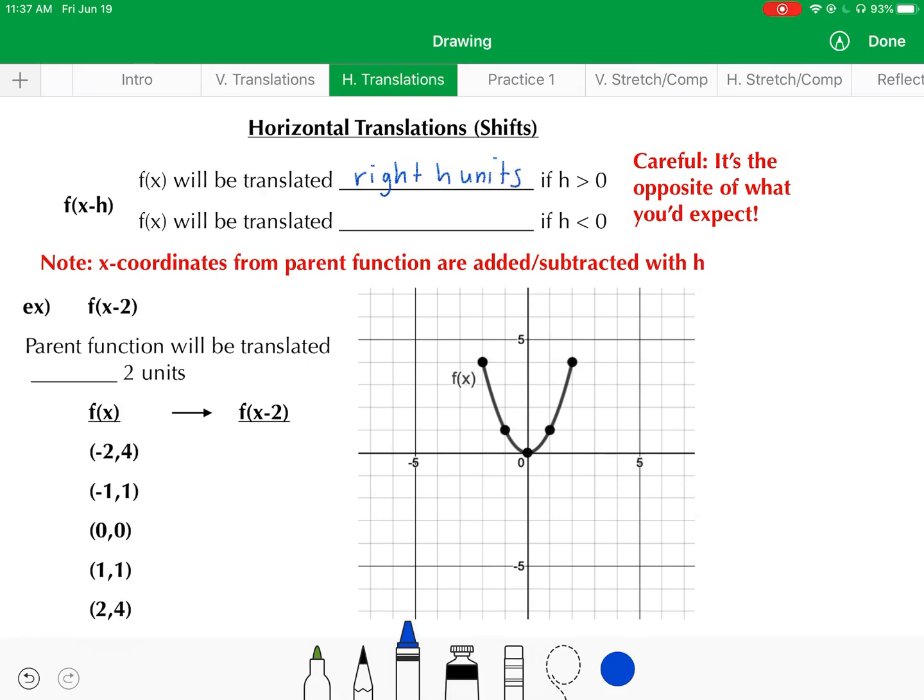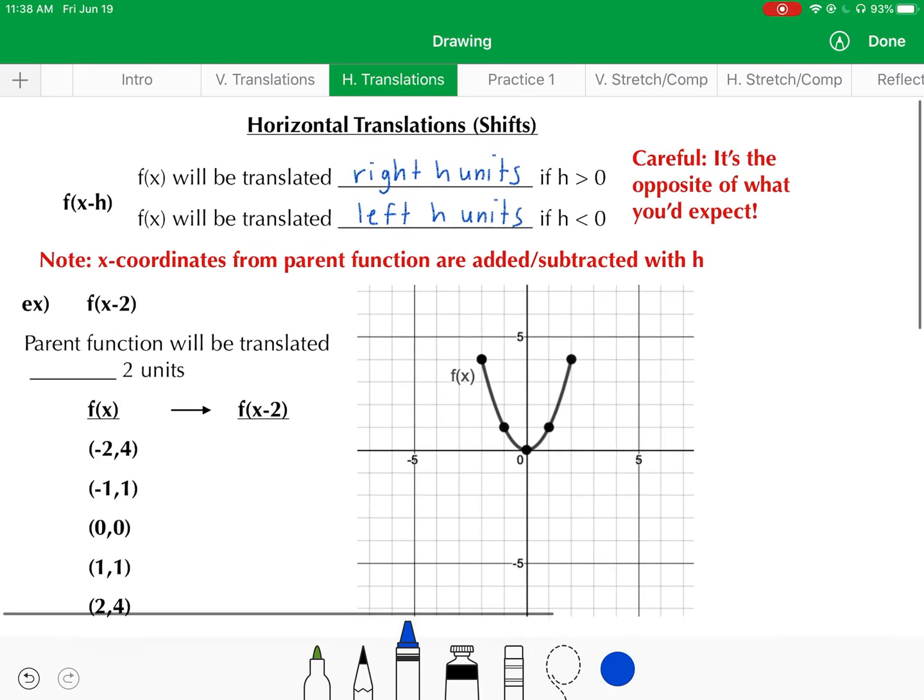And when h is negative, we're going to be translated left h units. Okay? And it's important to understand that when you're translating left or right, that's having an effect on the x coordinates from your parent function. They're being added or subtracted by h. However, the y coordinates remain the same.